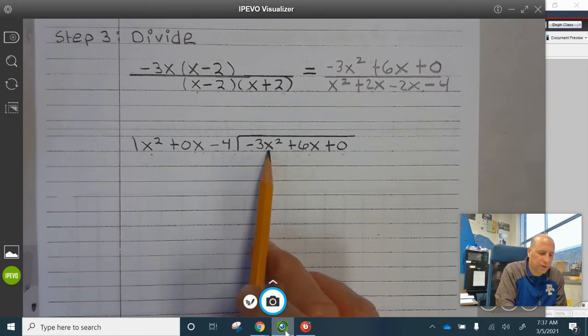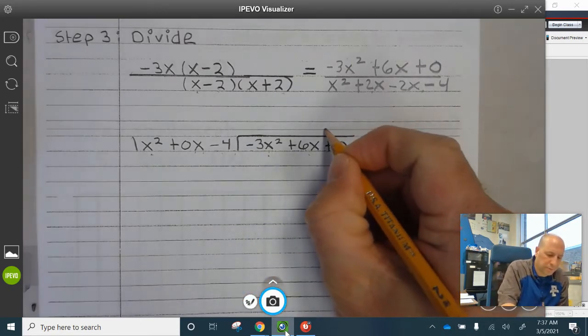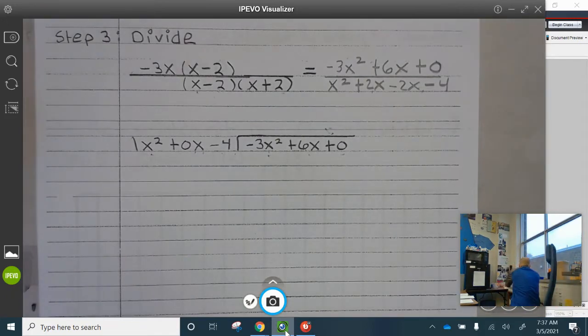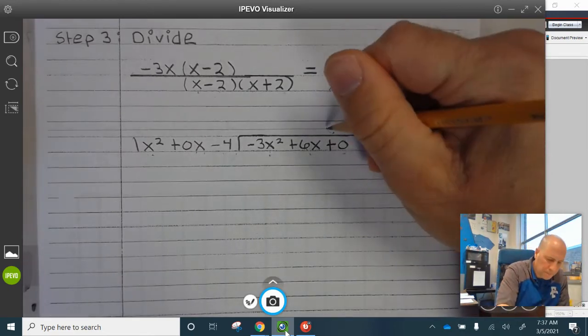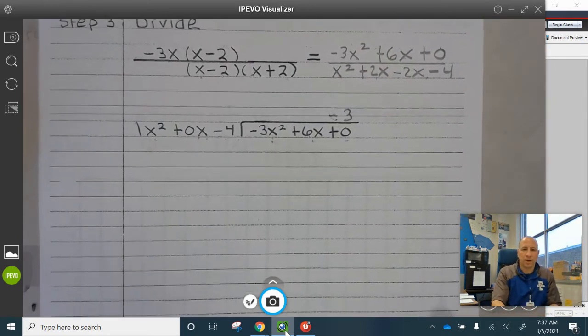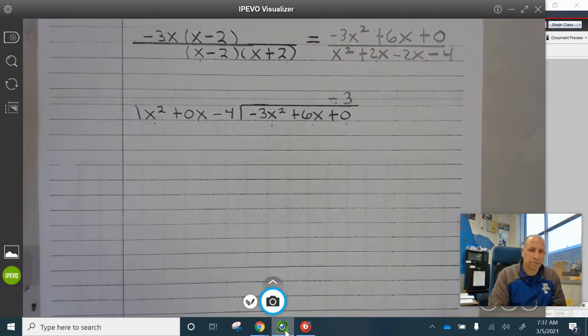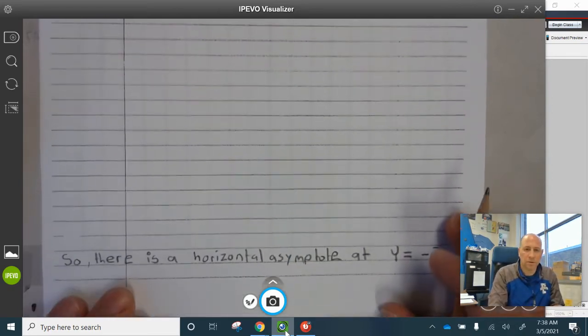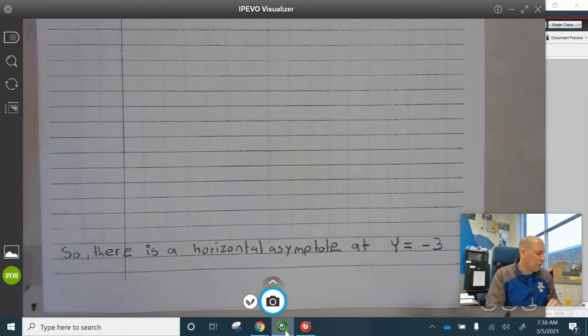Well, the answer to that is negative 3. So, there's a horizontal asymptote at y equals negative 3.